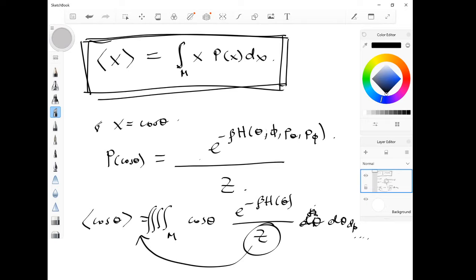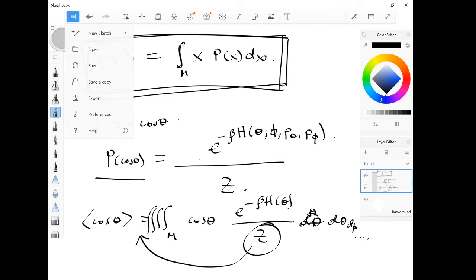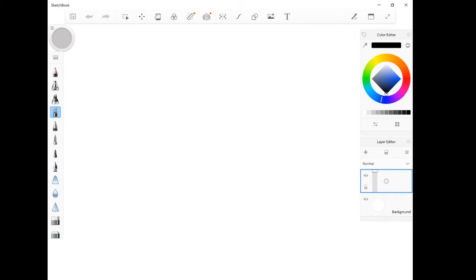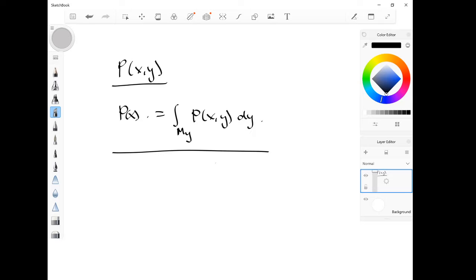It's also because this is a marginal probability distribution. I don't know if you've really encountered them yet, but it's like if you have a probability distribution of two variables, let's say, and you only want a probability distribution of one variable, what you need to do is integrate over that other variable, right?